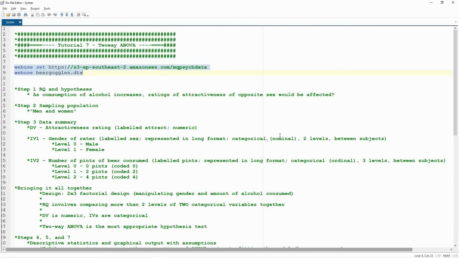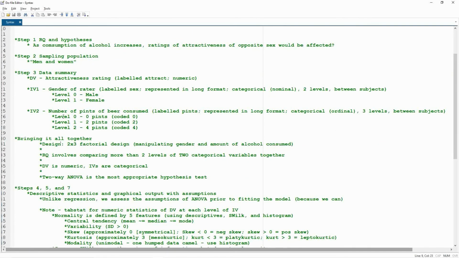It's categorical, it's nominal because we are not sexist. We are not going to assume that males are better or worse than females. It has 2 levels, male and female, and it's between subjects because you can't ethically force a person to be both male and female in a study. Level 0, so what a 0 represents in our dataset is someone who is male, and a 1 represents someone who is female.